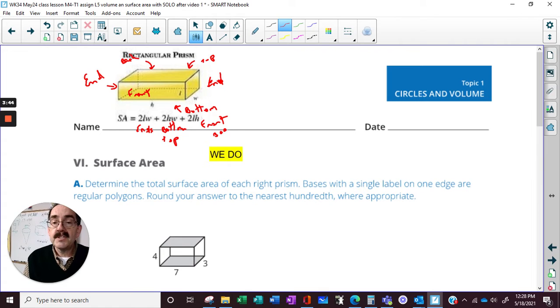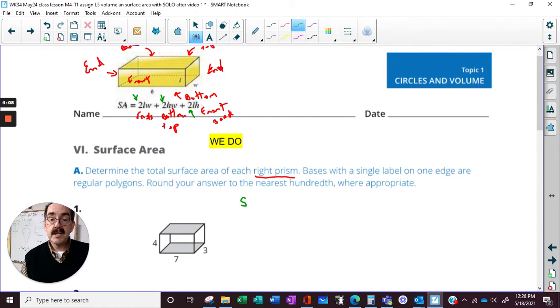And because we know it's a right prism, that means we can just double them, because the front and the back are the same, the ends are the same, top and bottoms are the same. That's where 2 of the ends, top and bottom, there's 2, front and back 2. Okay, so let's just make a list. This particular problem is surface area. Okay, so 3 and 7, the bottom and the top.